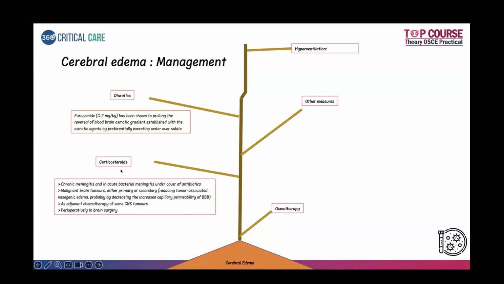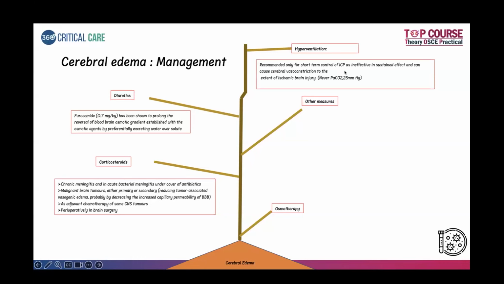We do use it frequently in those patients. And as an adjuvant to the chemotherapy for CNS tumors, so lymphomas, etc., they are very responsive. So in those cases, steroids are the mainstay of treatment. We talked about perioperative brain surgery.